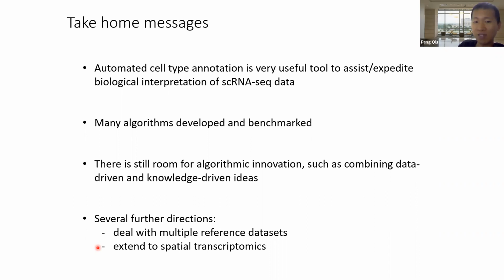So far, I haven't seen any paper that tries to take cell type annotation algorithms and apply them to solve the deconvolution problem in spatial transcriptomics. So this could be an open area that algorithm developers can explore.